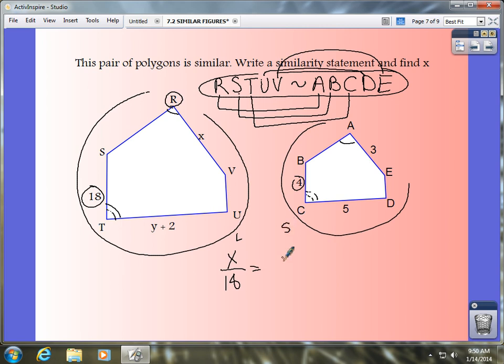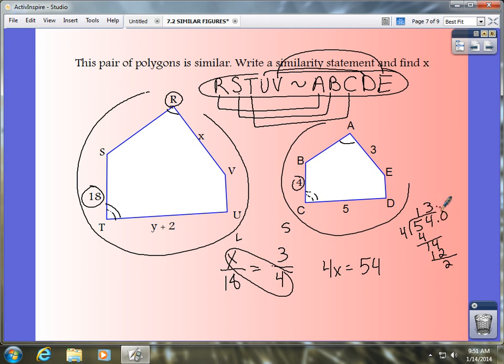I cross multiply, I get 4x equals 54. And if I divide 54 by 4, I get 13. I'm going to add a decimal, 5. So x would equal 13 and a half.